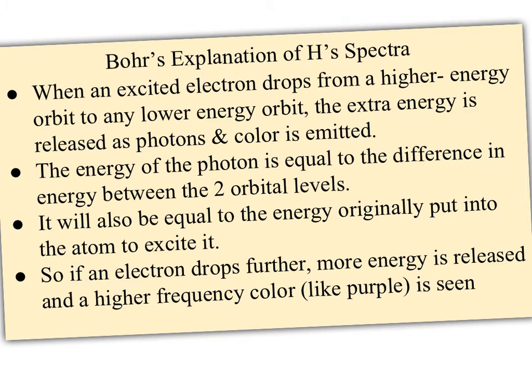You have to lose the same amount of energy that was originally put in to put it in that higher state. So if an electron drops further or more energy levels, then more energy is going to be released, and we'll see a higher frequency color. And purple is the highest frequency color we see, and red is the lowest frequency or longest wavelength we see.